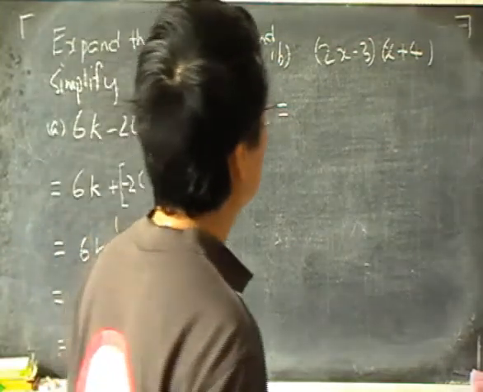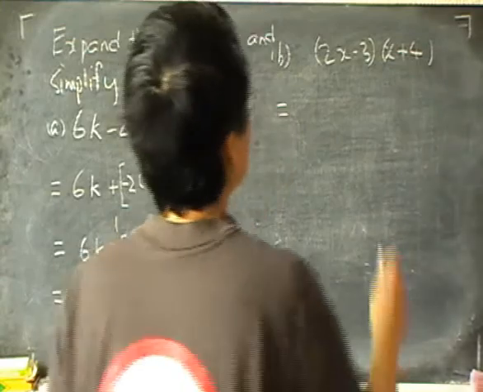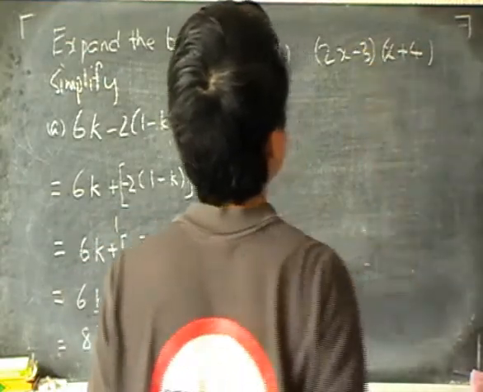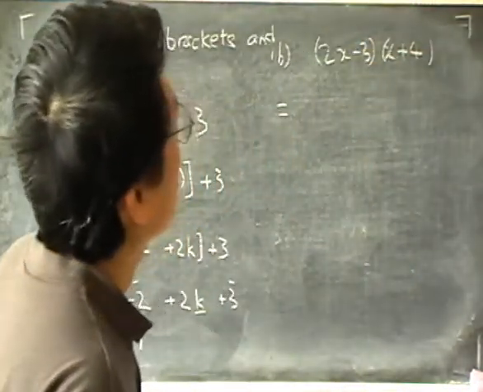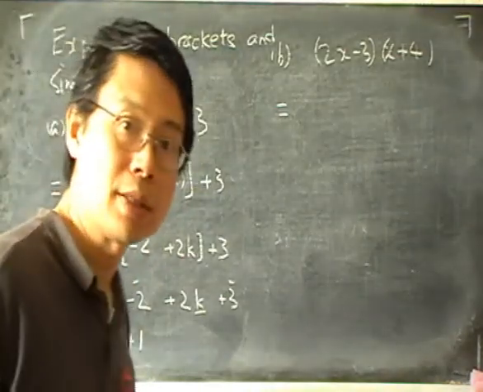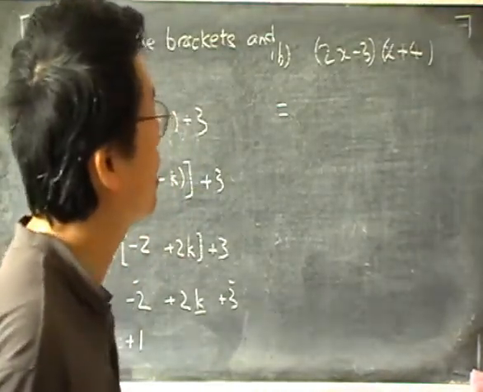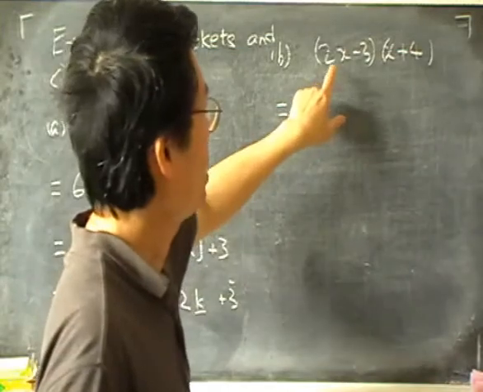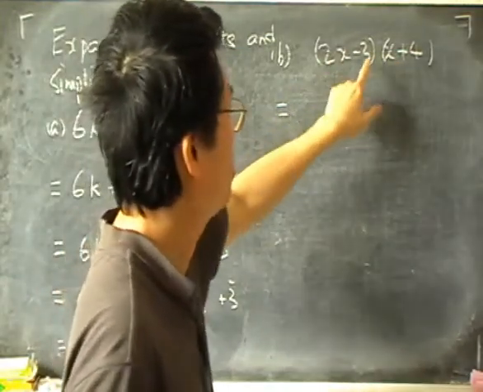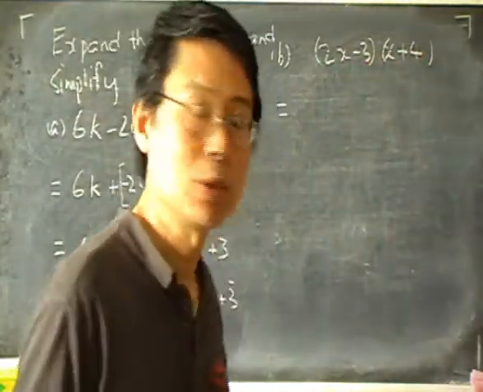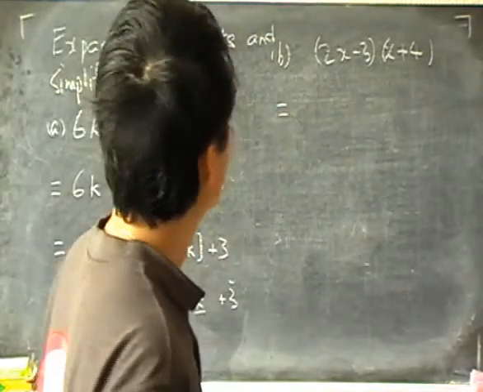Right, let's do it step by step. Now in quadratic equations, we have learned that we can do it by taking all the possible combinations between the terms in the two brackets.